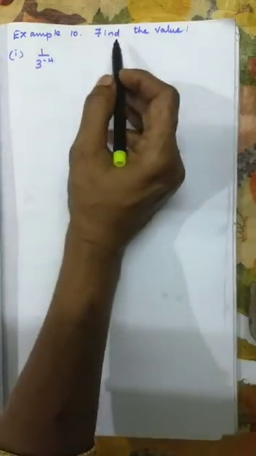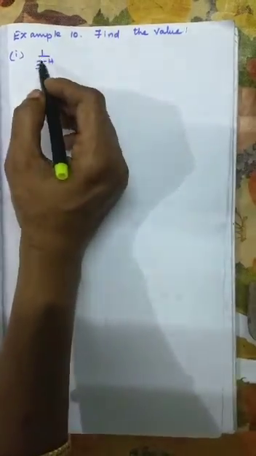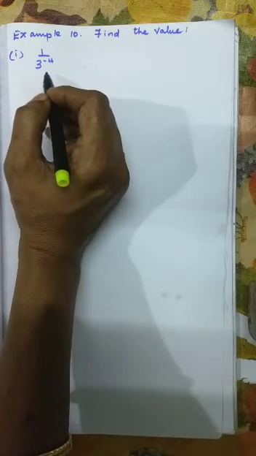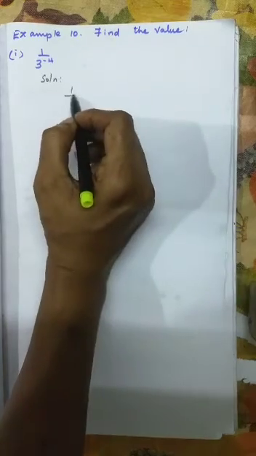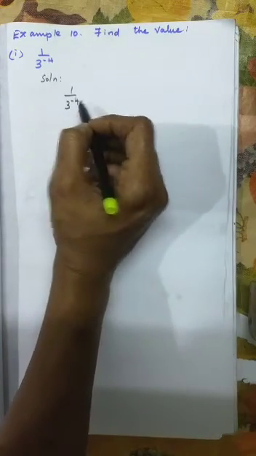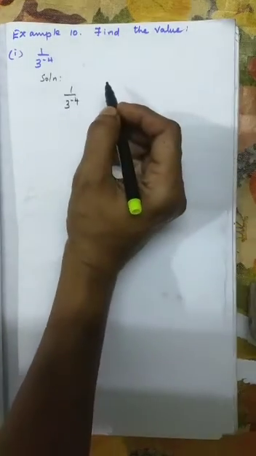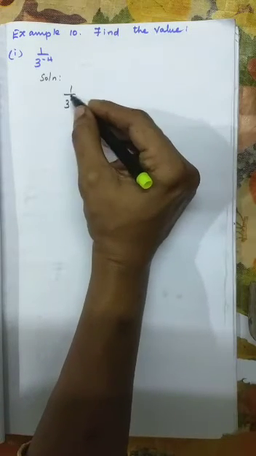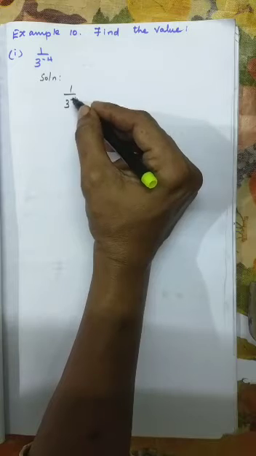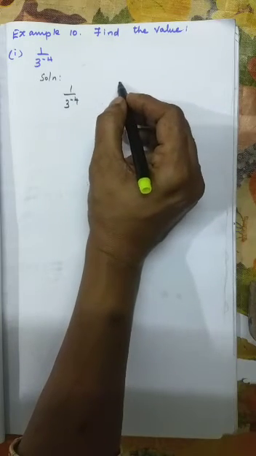10. Find the value. 1 by 3 power minus 4. Okay. Solution. We have to find the value of 1 by 3 power minus 4. Here we know the formula to change the power negative to positive. What is that?